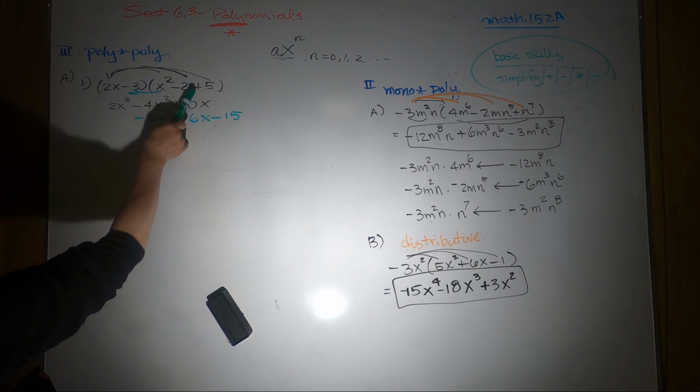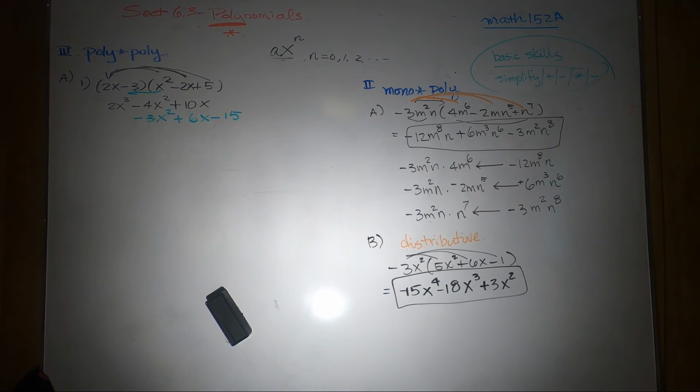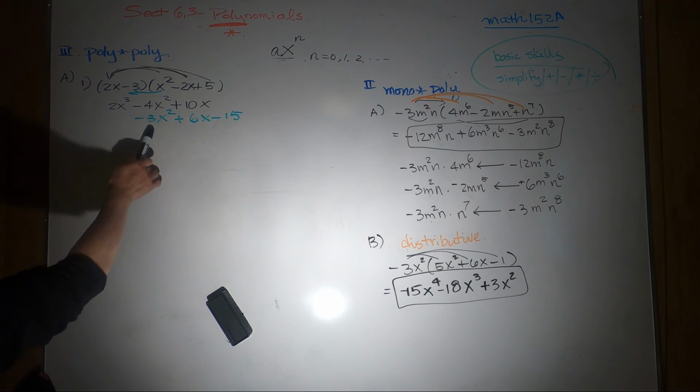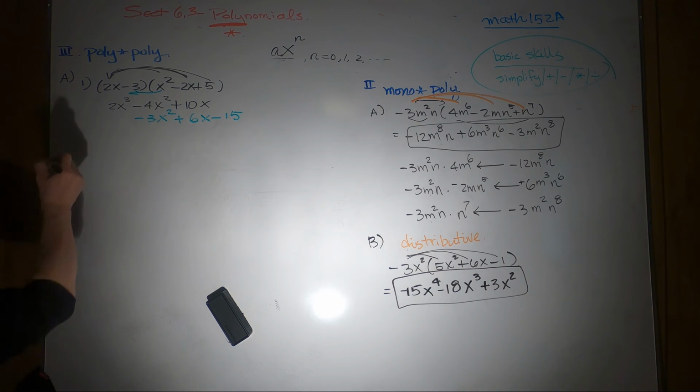So 2 terms times 3 terms, I have 6 of them right now. However, that's not the final answer, right? Why? Because you have to write the answer in the simplest way. That means what? Same terms, you need to simplify them. You need to combine like terms.